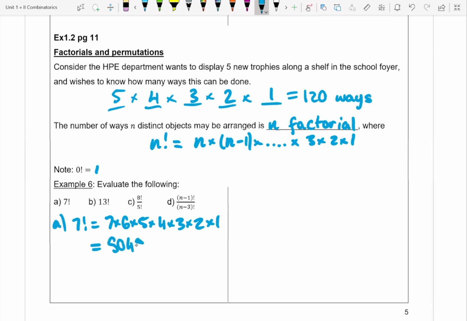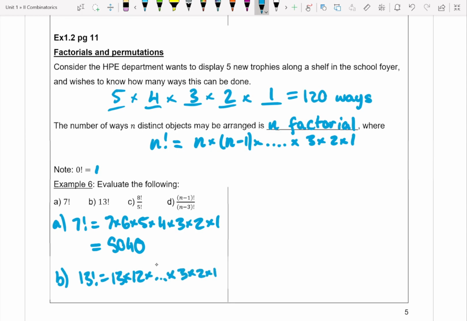5,040. If you were to list the points of x factorial, where x was constantly changing over natural numbers, you can see by x equals 7, we're already in the 5,000s. So this gets very big very quickly, and we'll see that with 13 factorial. For 13 factorial, we're going to list out the numbers, 13, 12, then we're going to get lazy, and go times 3, times 2, times 1.